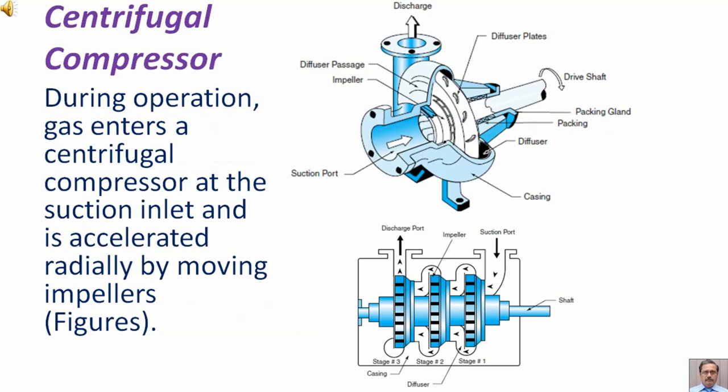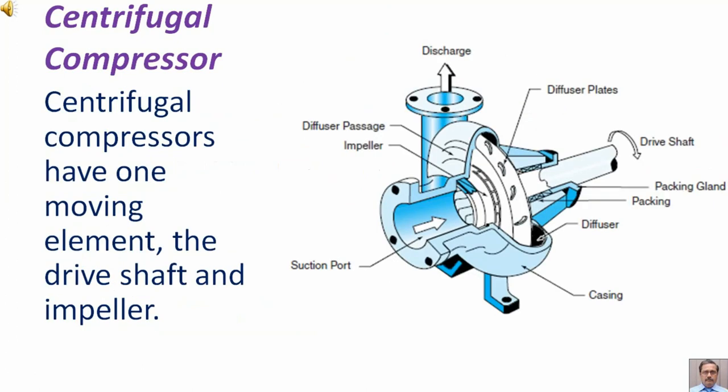During operation, gas enters a centrifugal compressor at the suction inlet and is accelerated radially by moving impellers as shown in figures. Centrifugal compressors have one moving element, the drive shaft and impeller.